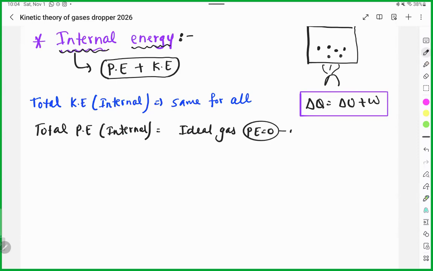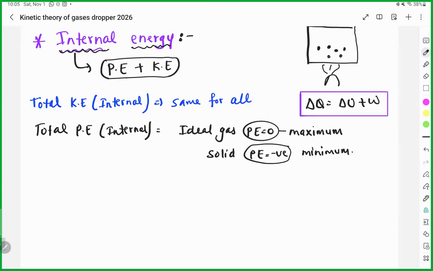Zero, but maximum. तो मिनिमम किस में होगा? Solid. In case of solid, it will be minimum. Why? Because it will be negative. Right? Because it will be negative.